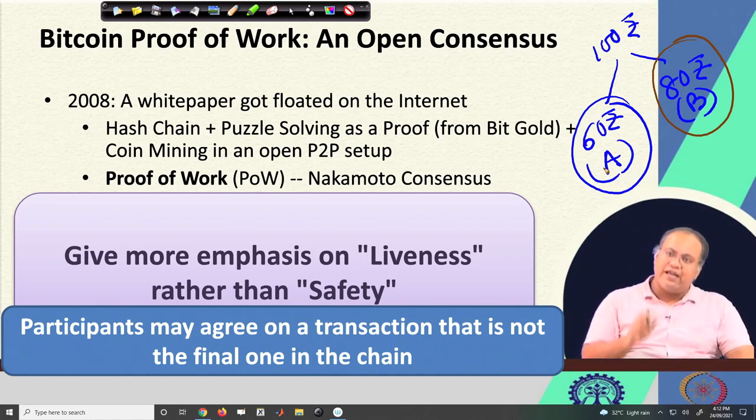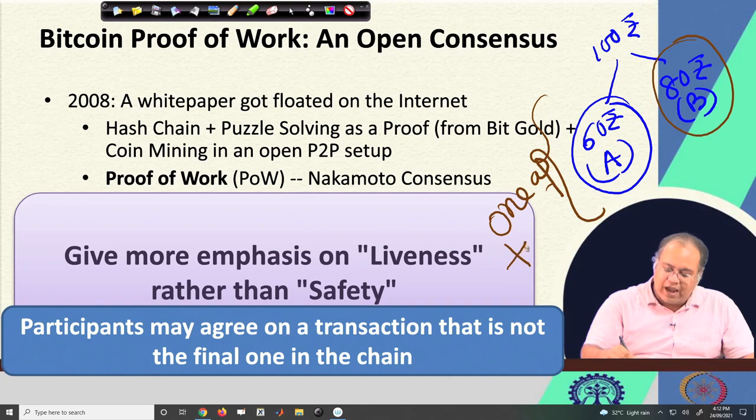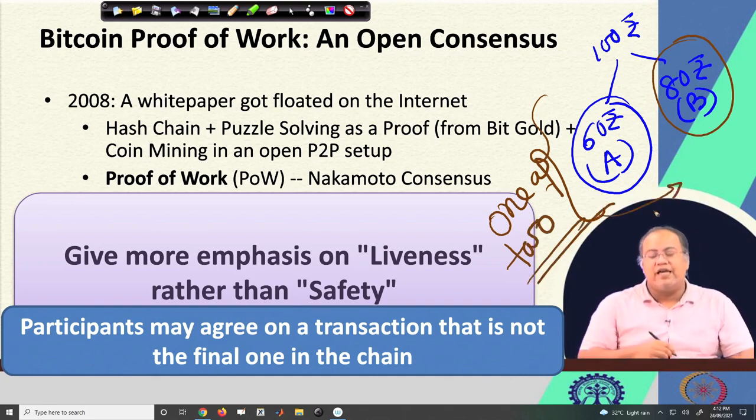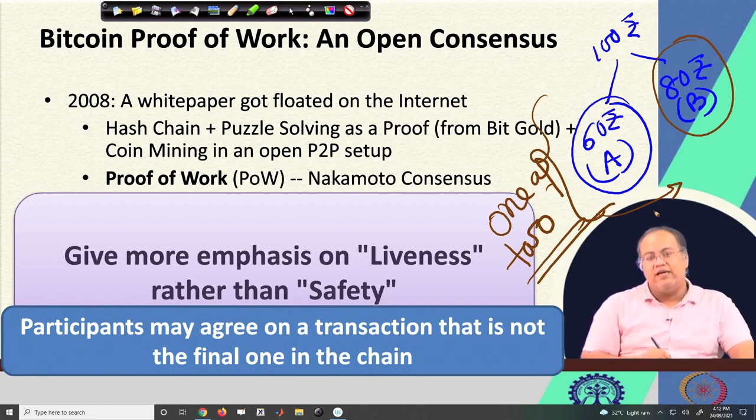For the time being, let us decide to consider only one of these two and discard the other, and proceed further by checking the next transaction from the next person. Eventually, out of these two transactions, one will get accepted. That way, we say that the transactions are not final on the chain immediately.